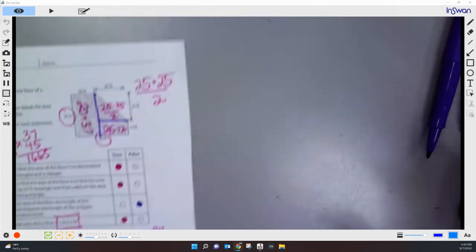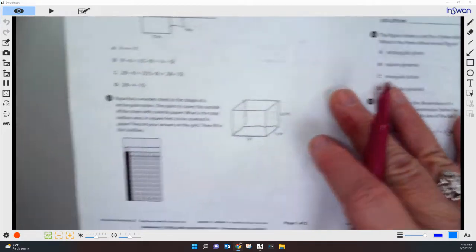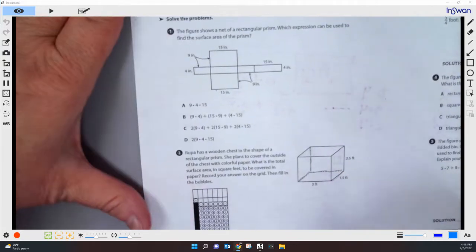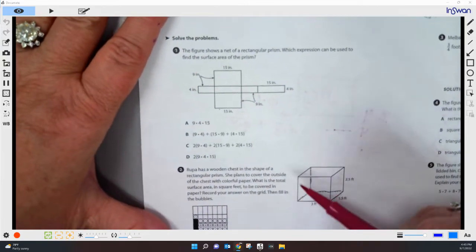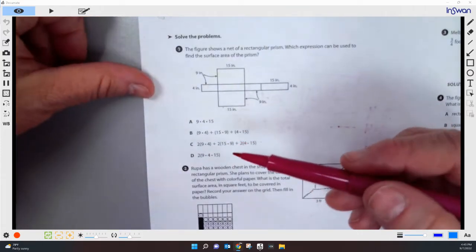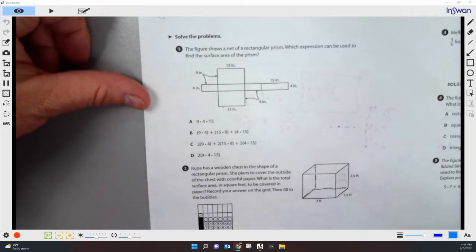Okay. Moving right along to the side talking about surface area. This is the unit that we just finished up. And on this one, we are looking at all the figures. Now, on the board, I had the formulas for area equals base times height for a rectangle, the formula for a triangle, base times height divided by 2, and the formula for a trapezoid, which was base 1 plus base 2 divided by 2.